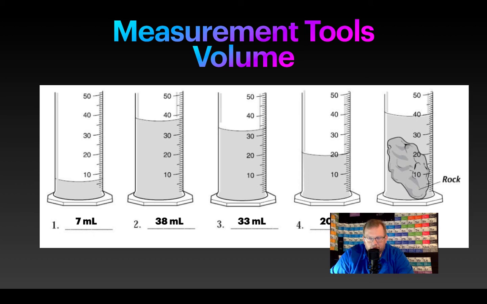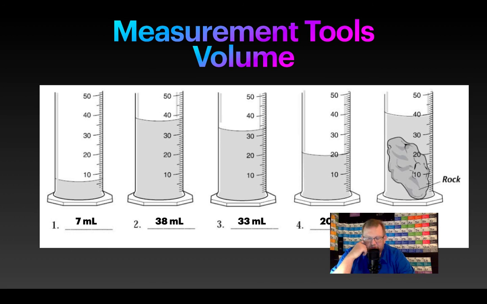So you wouldn't measure to the rock and say, okay, that's 30 milliliters for the rock, because there's space around the rock that doesn't have rock. It's got water. So you can't do it that way. And we'll talk about how to find the volume of this rock, even though it's an irregular object. We'll talk about that tomorrow. So for this one, we're just going to measure both the water and the rock together.